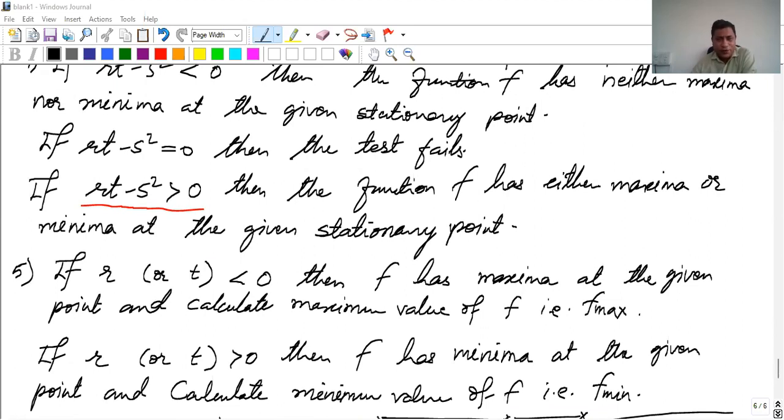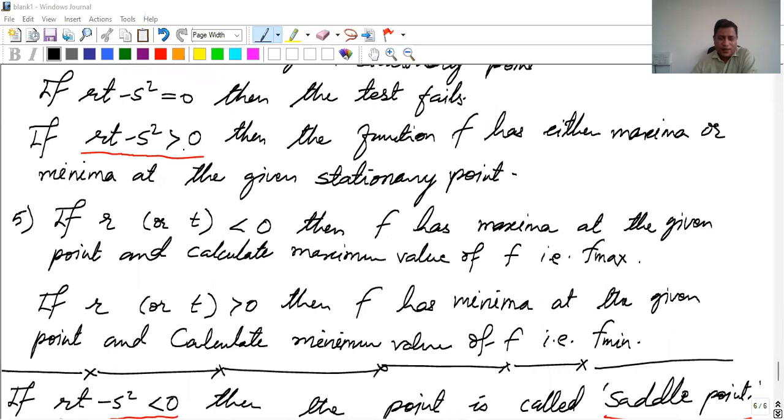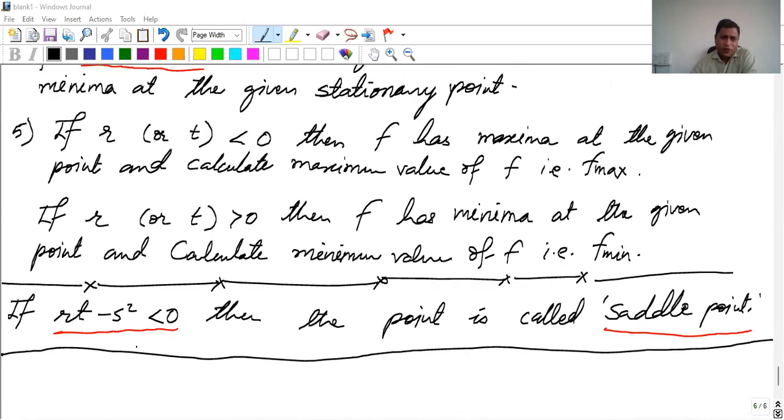If it is greater than 0, then the function has a minimum. Then we calculate the maximum value and the minimum value by putting the values of x and y in the function F. The point where RT minus S square is less than 0 is called a saddle point. So is there any doubt up to here?